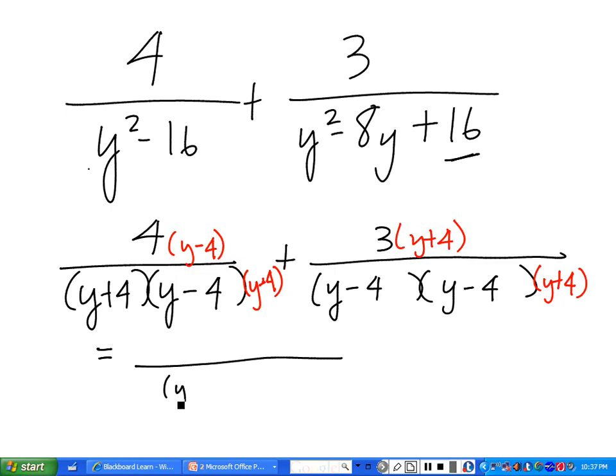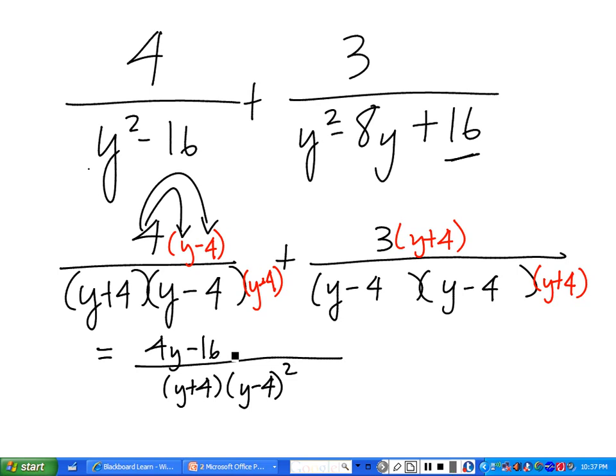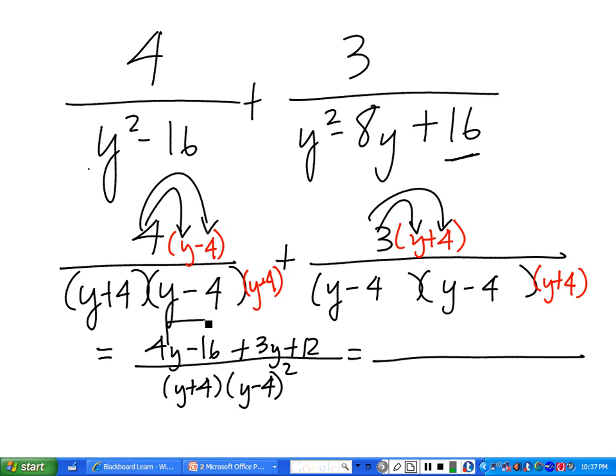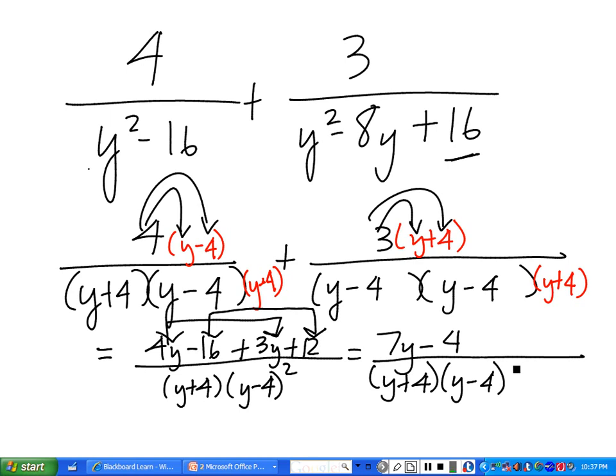So 4 times y minus 4 is 4y minus 16. Then distribute over here, we have plus 3y plus 12, and 4y plus 3y is 7y. Then we have negative 16 and 12, negative 4 over y plus 4 times y minus 4 squared.